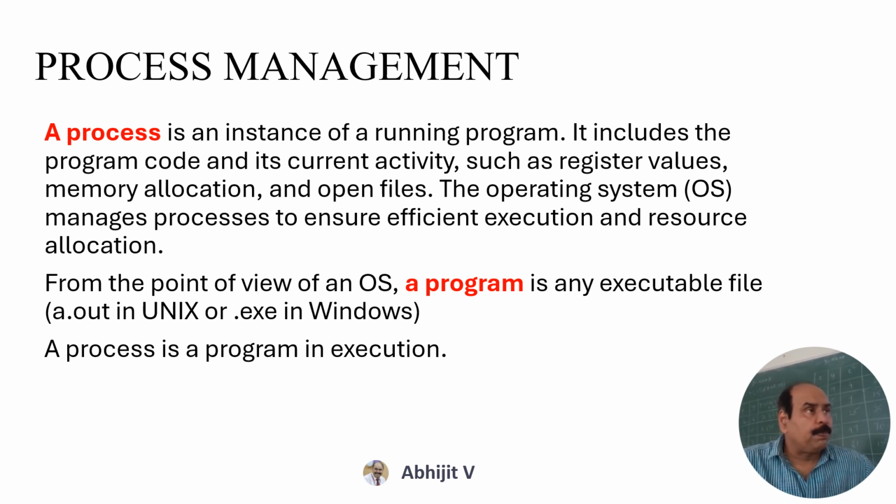It includes the program code and its current activities, such as register values, memory allocation, and open files. The operating system manages the entire process by allocating different process IDs to each process.